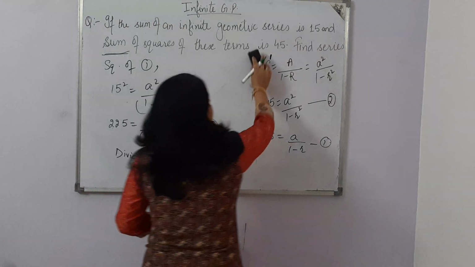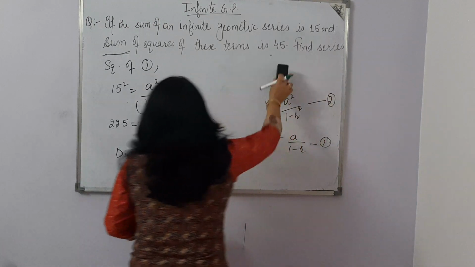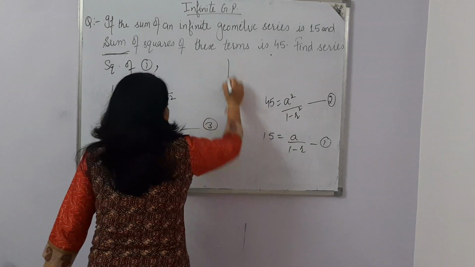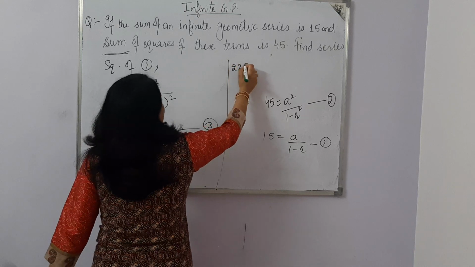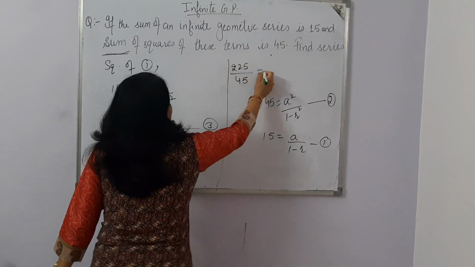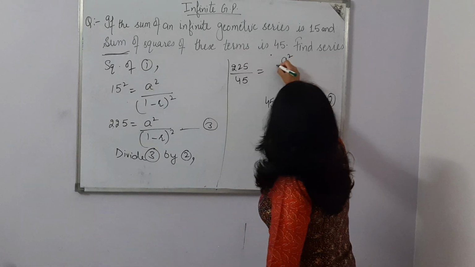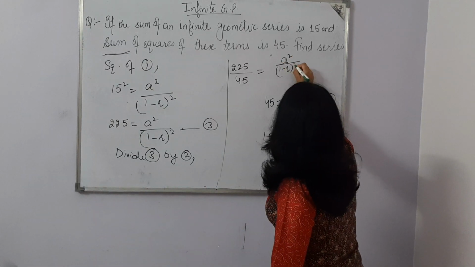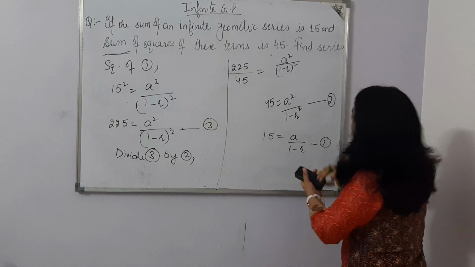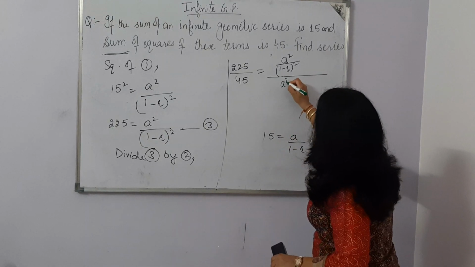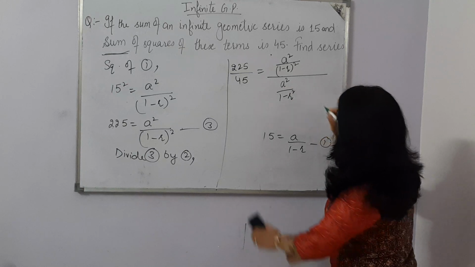Now what is the second term? Here it is 225 and there it was 45. So 225 upon 45. Here it is a square upon 1 minus r whole square, and whole upon a square upon 1 minus r square.